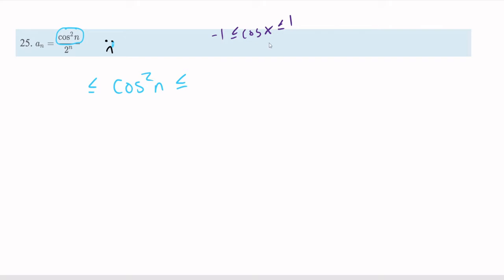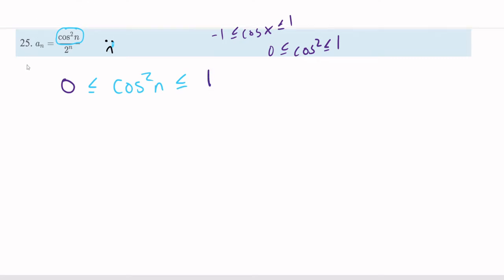So if I'm only restricting myself to n, which is whole numbers, then this is still true. Oh, but cosine squared is actually going only between 0 and 1. Aha. So what am I saying here? I'm saying that cos squared n is going to be between 0 and 1.